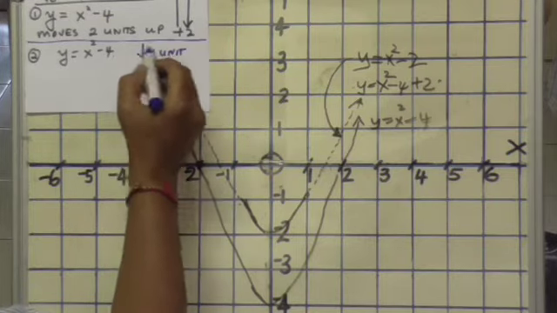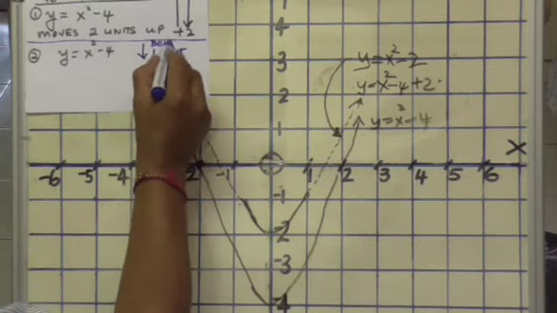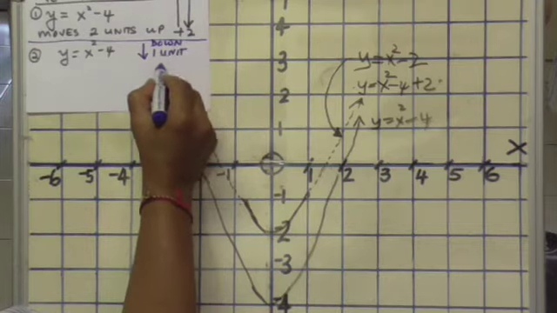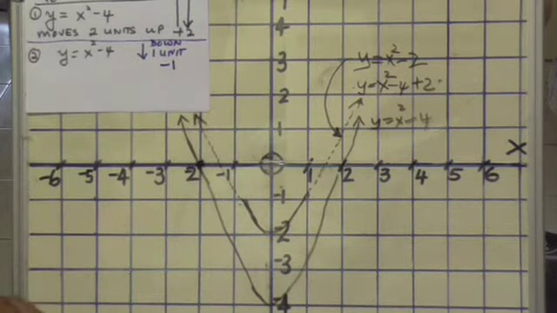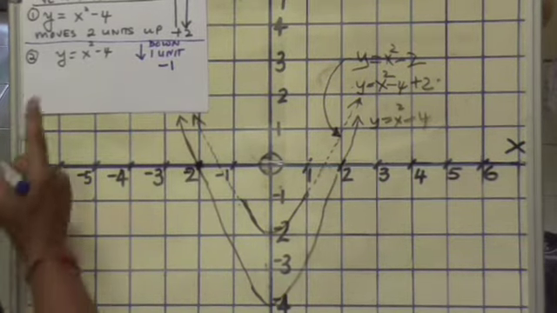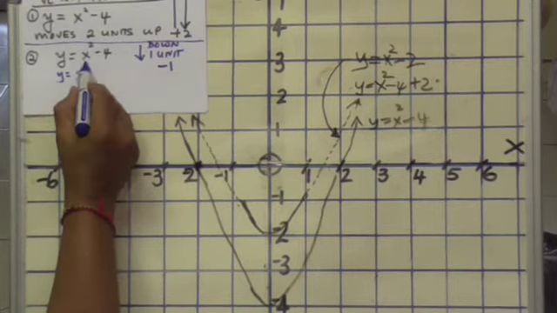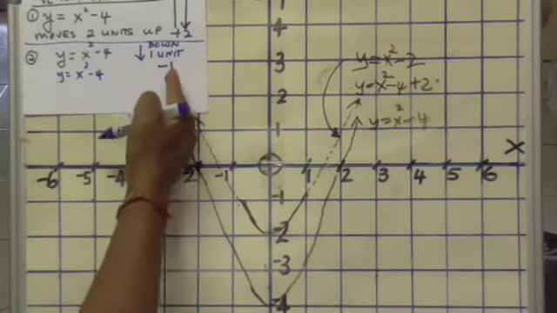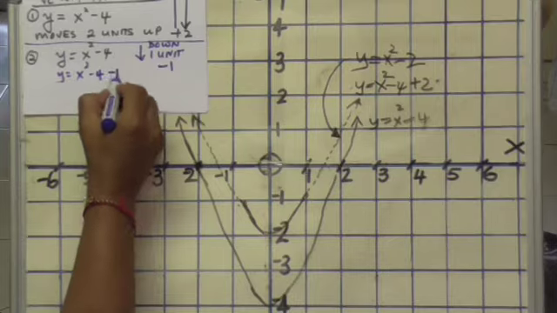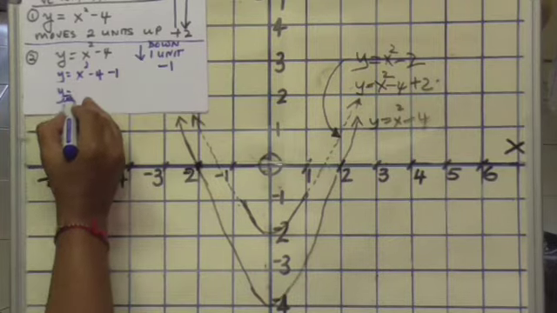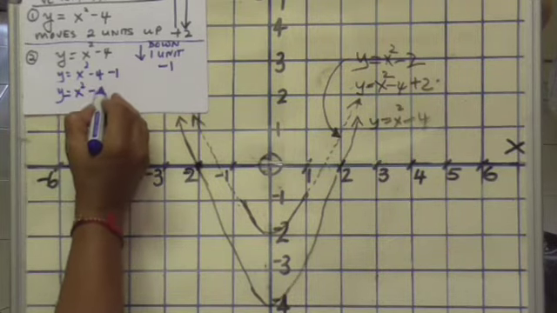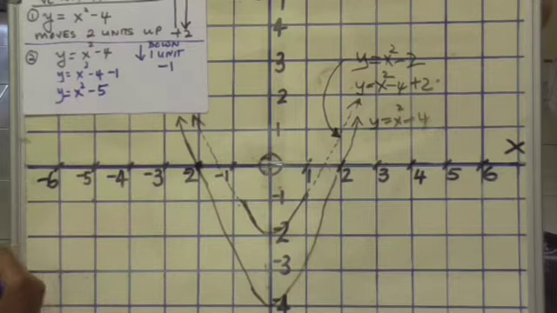So it's moving down. Down 1 unit, that means it's minus 1. So what will happen to the equation? The old equation was y is equal to x squared minus 4. Because it's moving down, it will be minus 1. And so the final answer will be x squared minus 5.